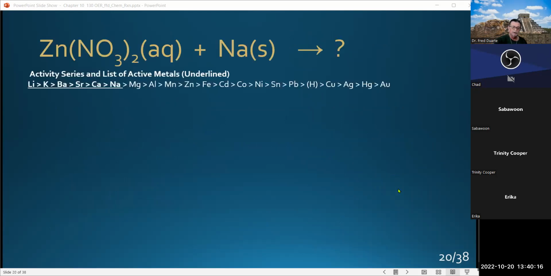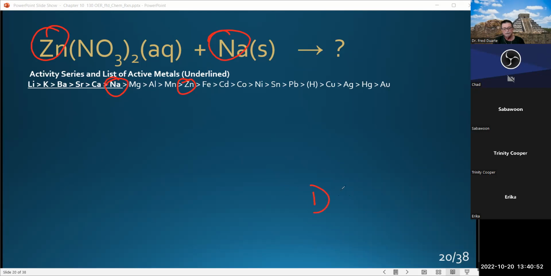All right, let's take a look at this reaction here. What you have is the reaction of zinc nitrate in the presence of sodium. The first thing we do is look at the activity series and compare zinc versus sodium. Here's zinc, and here's sodium.